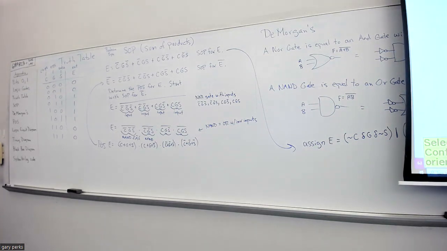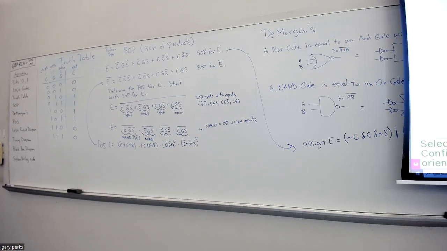The first part is to take this SOP equation for F and write the truth table for it. I went from truth table to equation in class. I just want you to go the other way. I give you the equation, now show me what truth table it came from. And then the circuit diagram and also the Verilog code, and then write it as POS.